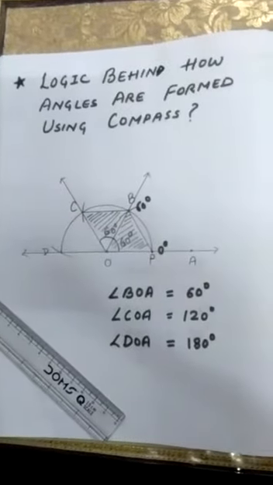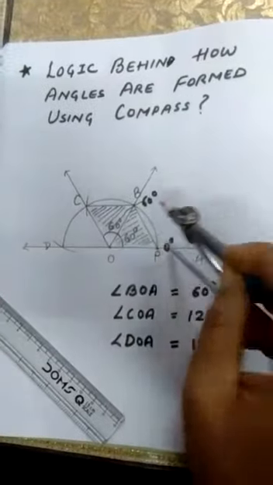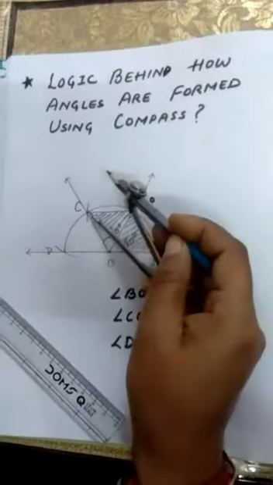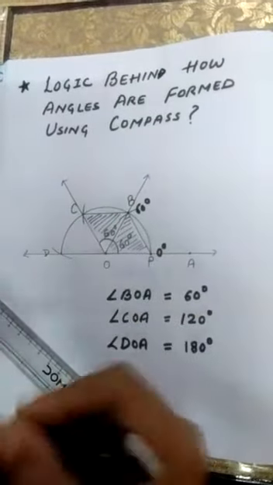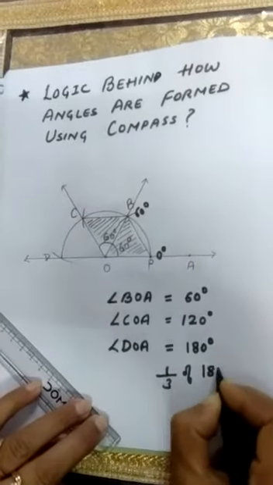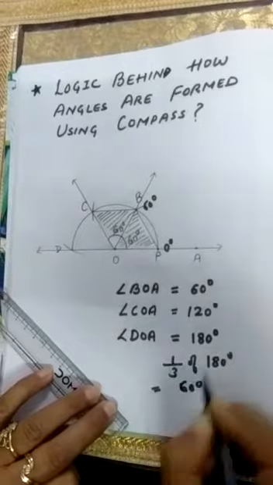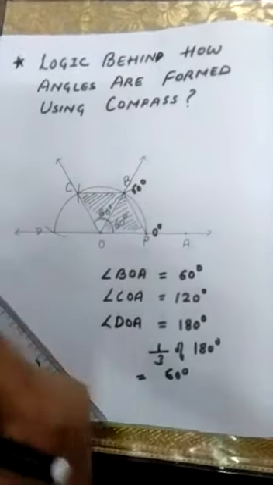So actually what we have done is that we have divided this semicircle into three equal parts: first part, second part and third part. And if I take 1/3 of 180, this is equal to 60 degree. So each part is of 60 degree.